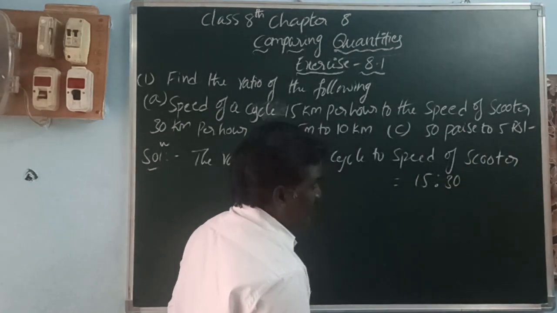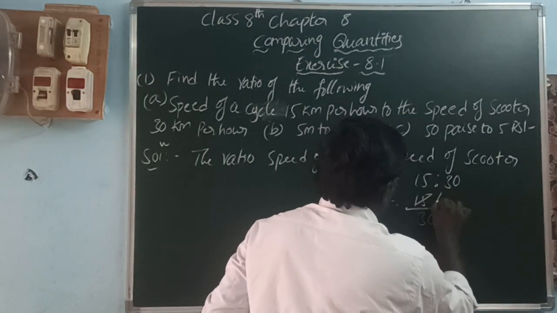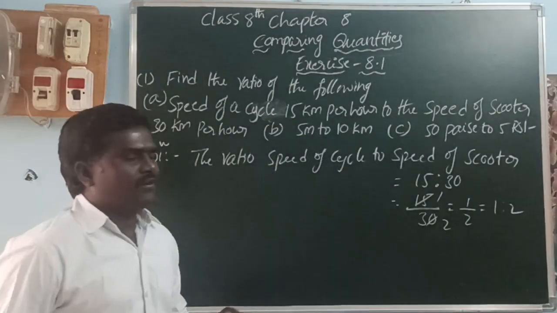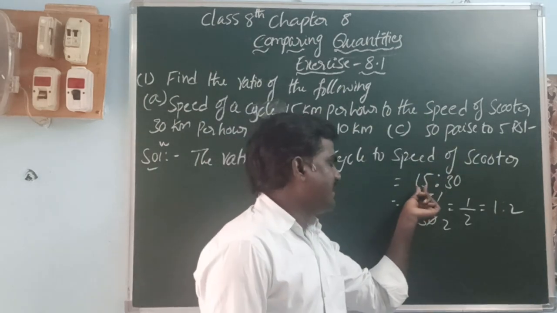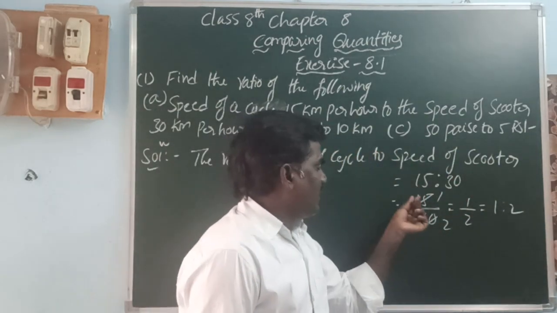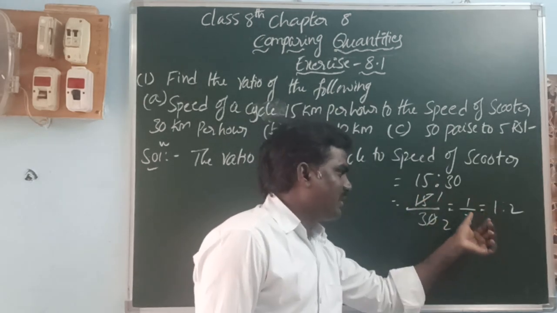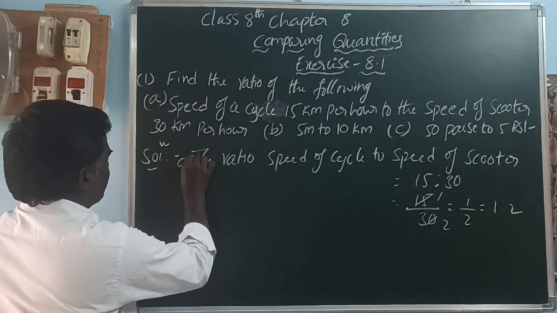Ratio is nothing but division, that is 15 by 30. 15 ones are 15, 15 twos are 30, so it is 1 by 2, nothing but 1 is to 2. So the ratio of the speed of a cycle to the speed of a scooter is 15 is to 30, where the units are the same. This is the first one.